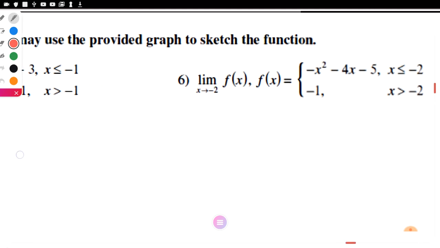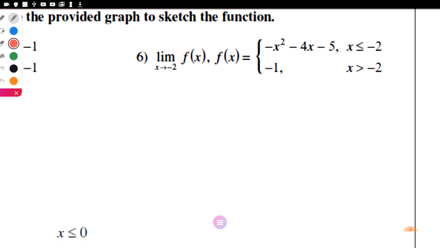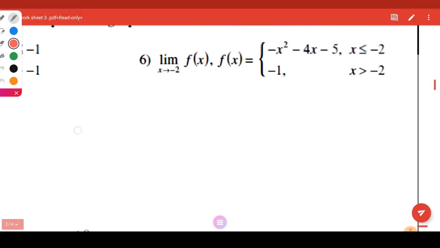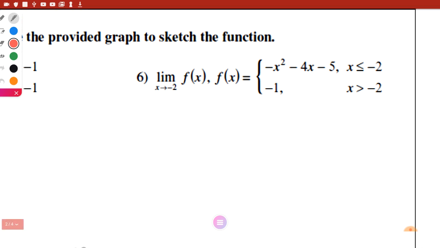Here in this case you ask me to find the limit f of x when x approaches -1, and you give me a piecewise function which is defined by a different rule on a different subdomain. Look here, you ask me to find the limit when x approaches -2, but you don't ask me from which side.